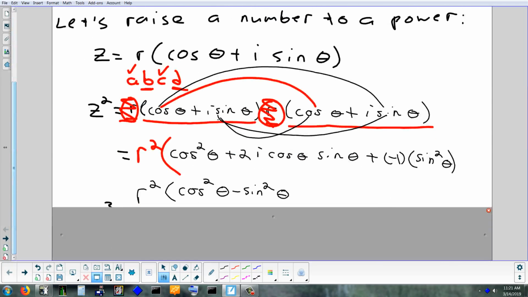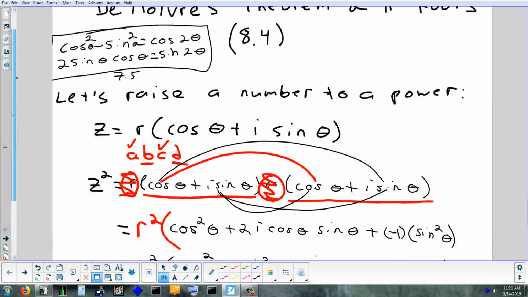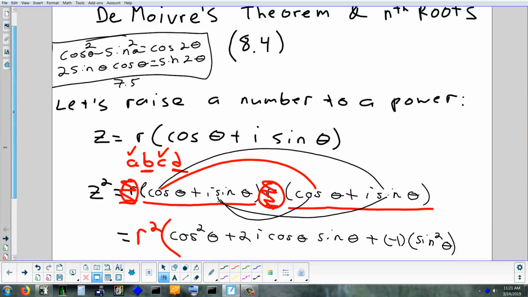Now the next part, I'm going to put I times 2 times cosine times sine. Didn't really do anything big there, I just switched the I and the 2. It's like saying 2 times x, x times 2. Same thing. Now, look at this part right here, cosine squared minus sine squared. What did I say earlier that simplifies to?